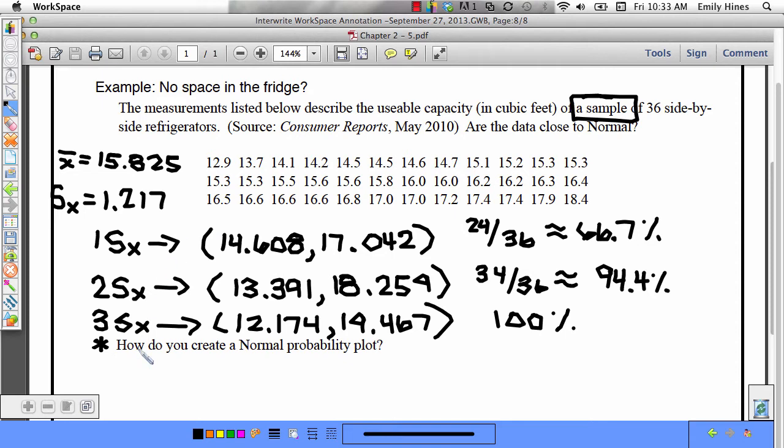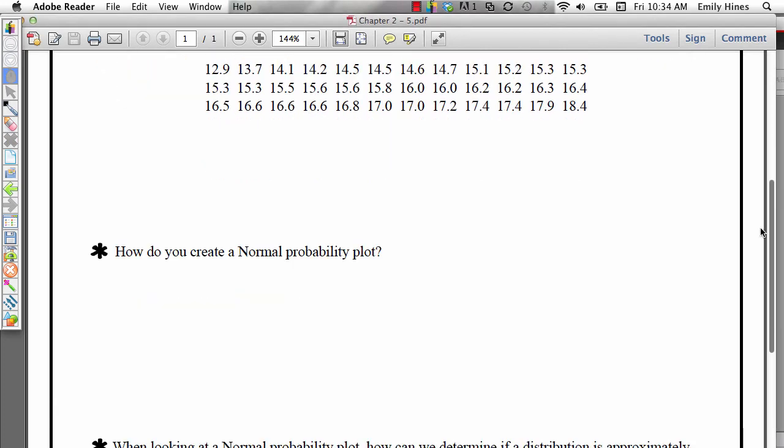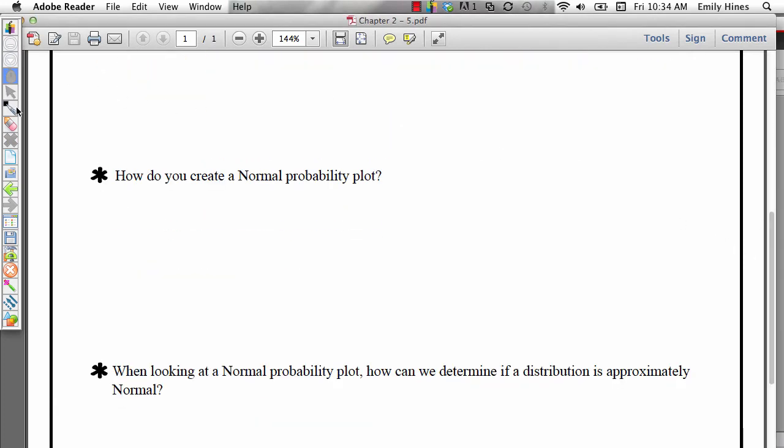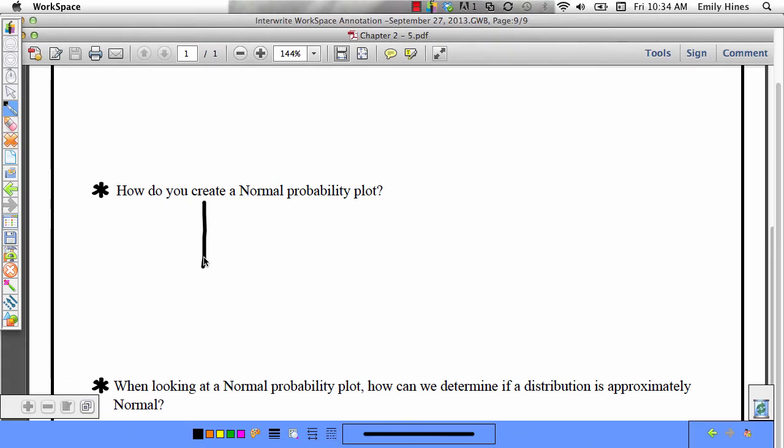The other option is a normal probability plot. To create a normal probability plot, you are going to create a graph, and it's a lot like a scatter plot. In your scatter plot, you want your z-scores to be on the y-axis. So I'm going to take every one of those pieces of data and calculate its z-score.